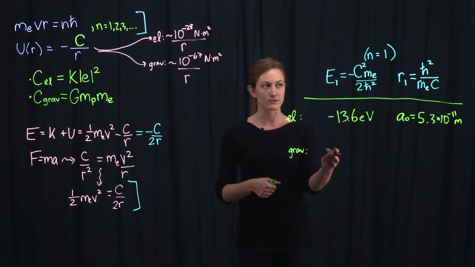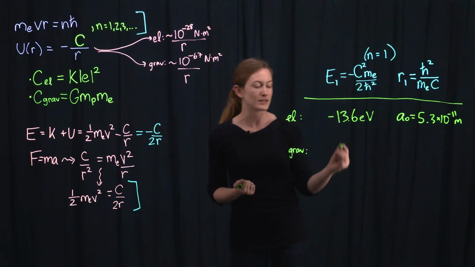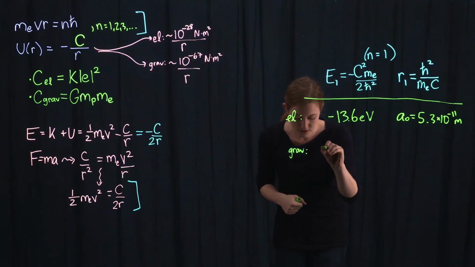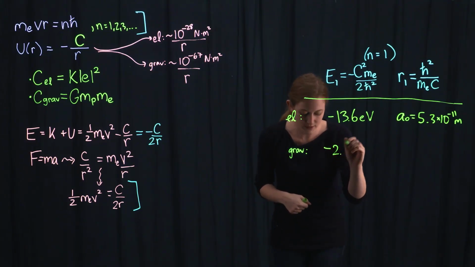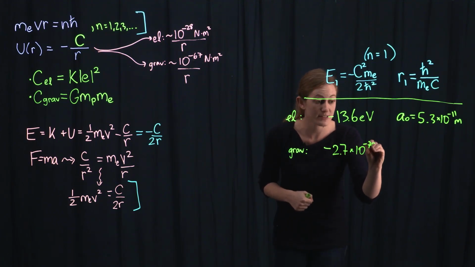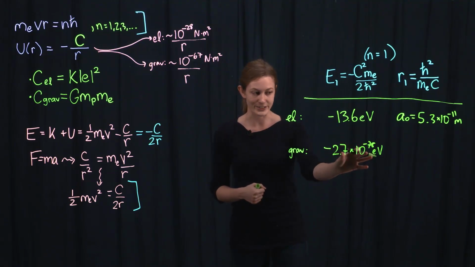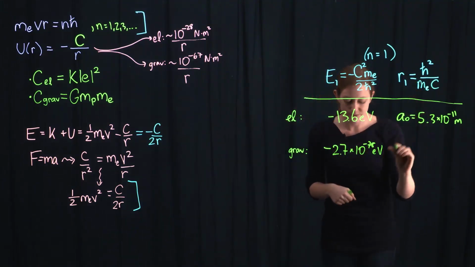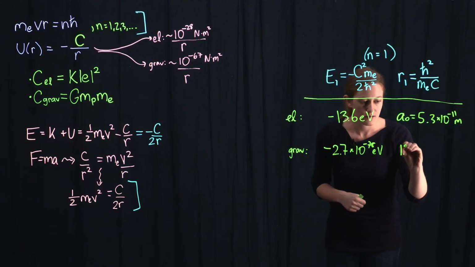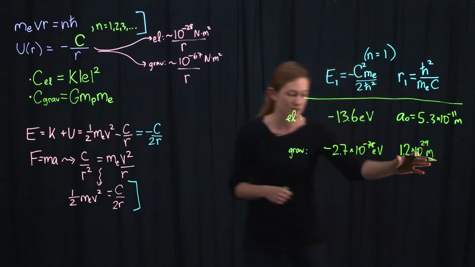Now plugging in the numbers for the case of c gravitational, which I do in the attached PDF, we would find an energy of minus 2.7 times 10 to the minus 78 eV. This is a vanishingly small energy. And this radius turns out to be 1.2 times 10 to the 29 meters.